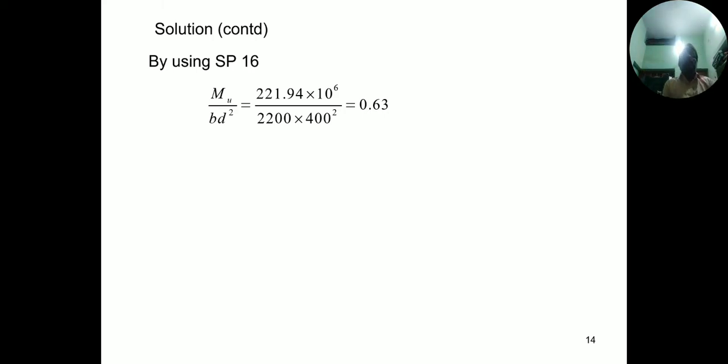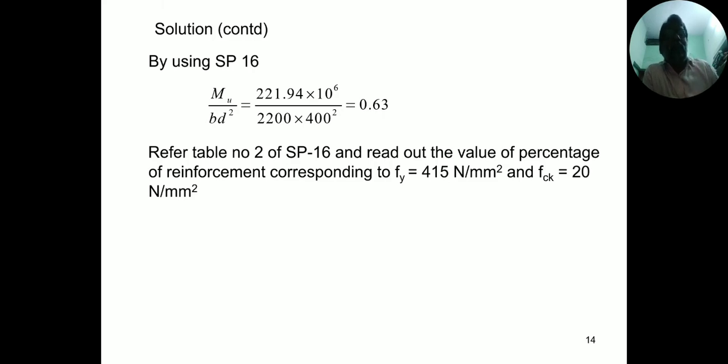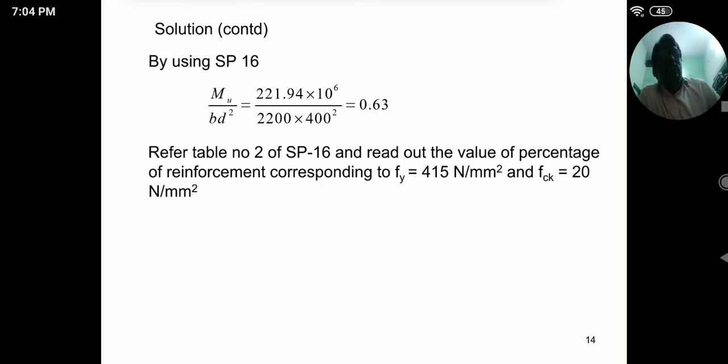Refer to table number 2 of SP16 and read out the value of percentage of reinforcement corresponding to FY 415 newtons per mm square and FCK 20 newtons per mm square.